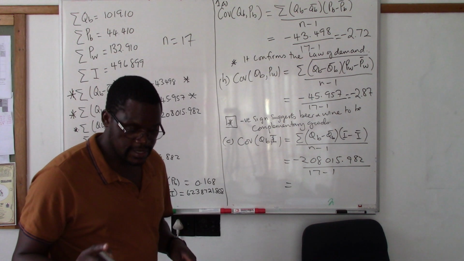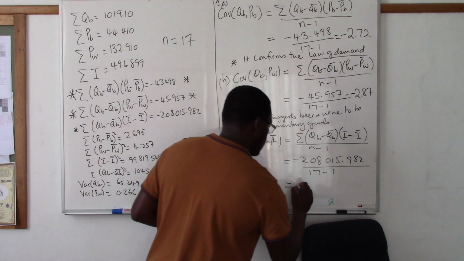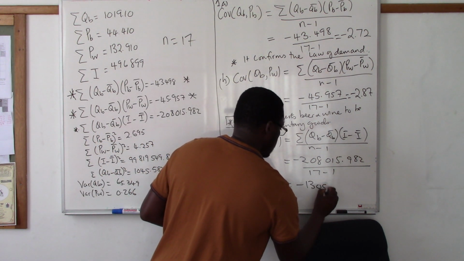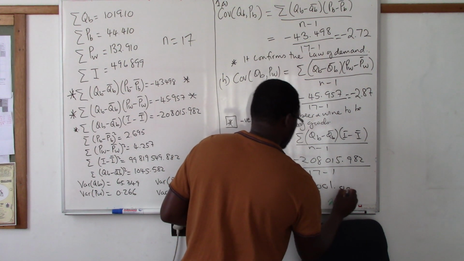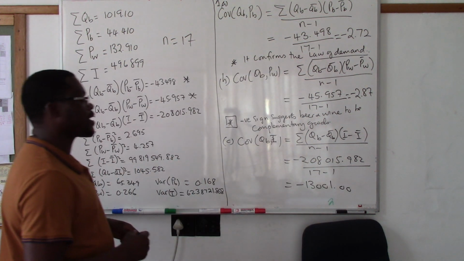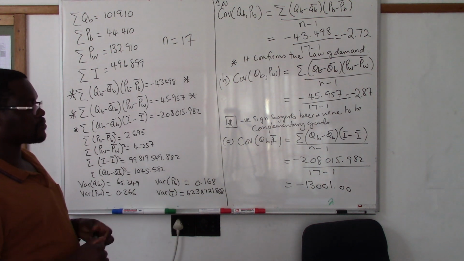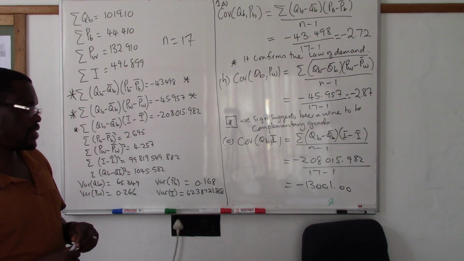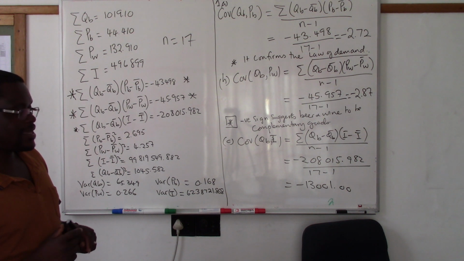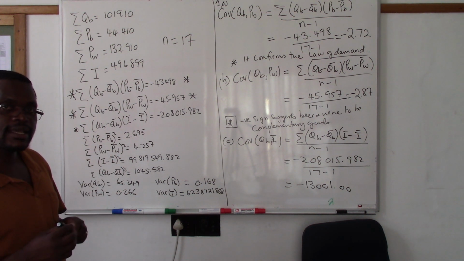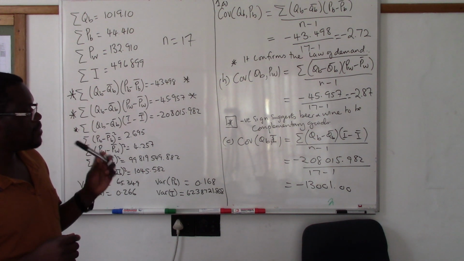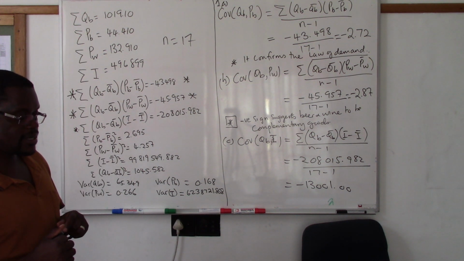The answer you should get is minus 13,001.00. Now, what you observe here is that there is a negative linear association between demand for beer and income.